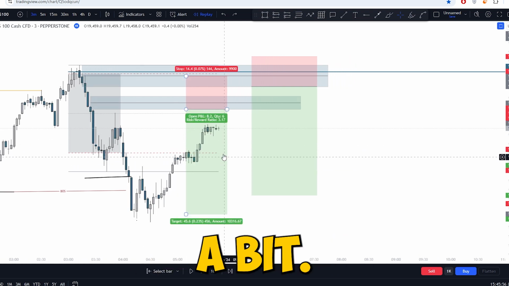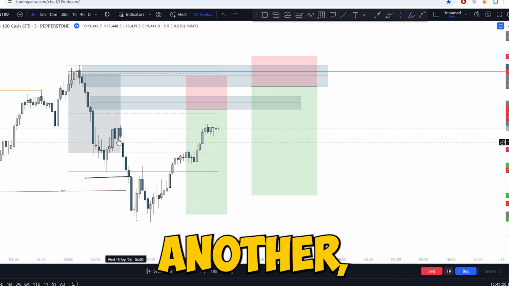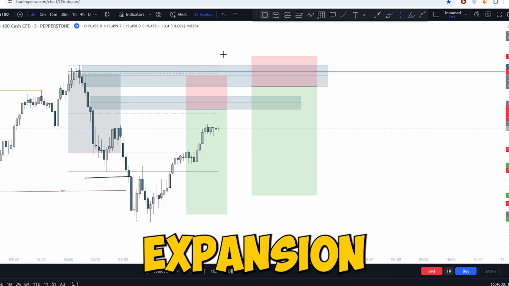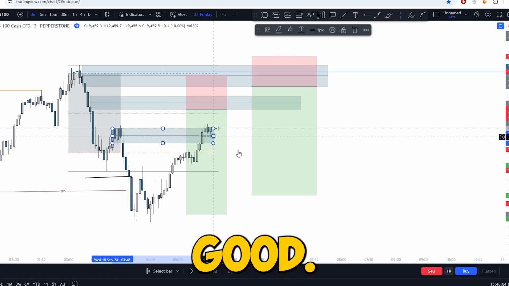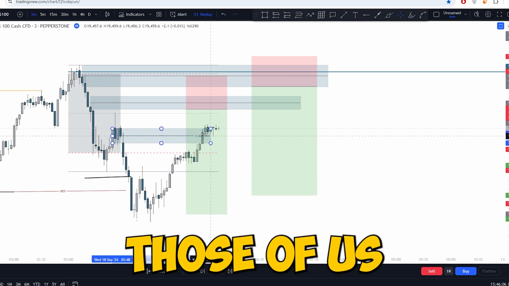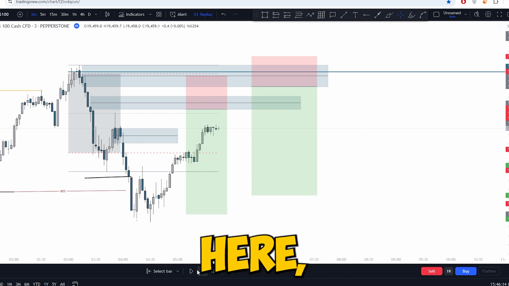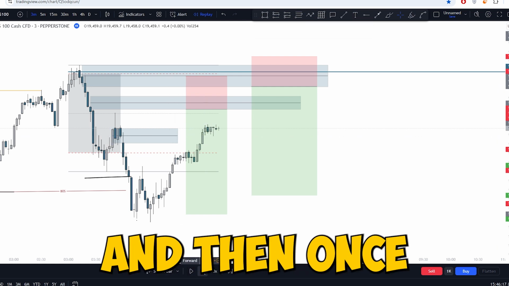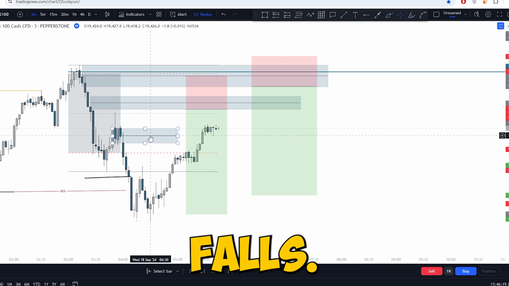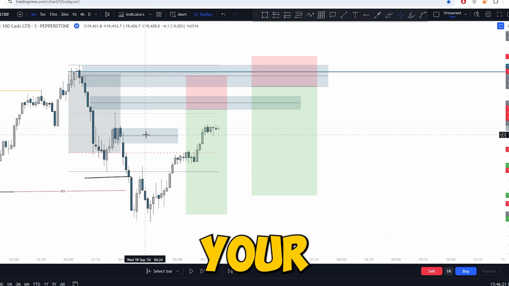It dances around a bit, and then we see another move, another expansion to the upside, which is good. We saw it come back to this area of interest. Those of us who are usually very aggressive might put an entry here, possibly leave an open stop loss, and then once price drops, it just falls and you're compounding your entries.